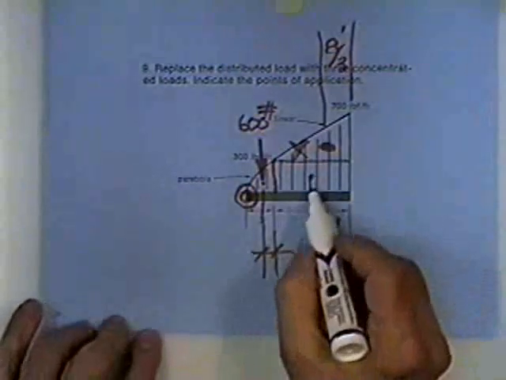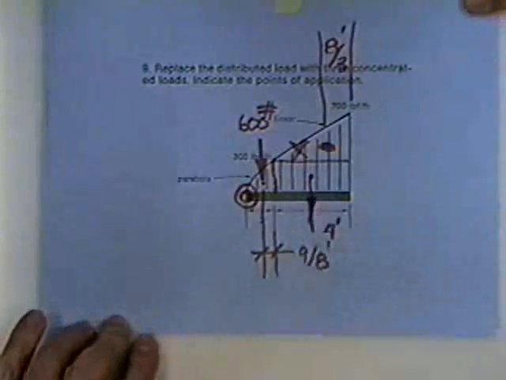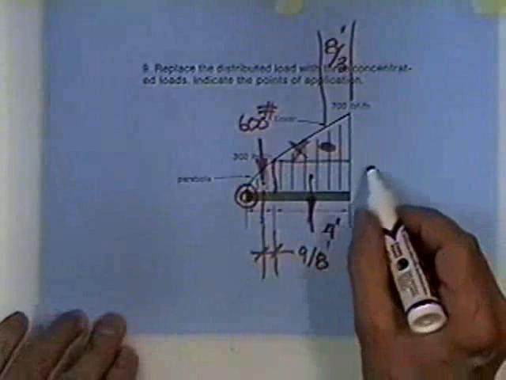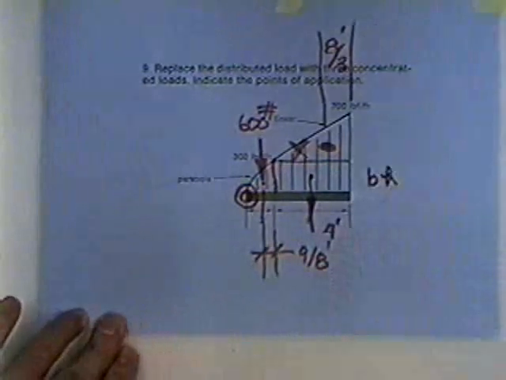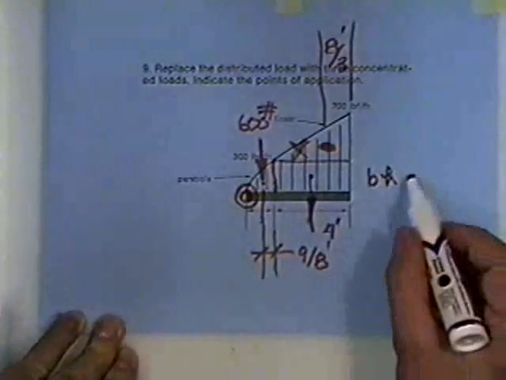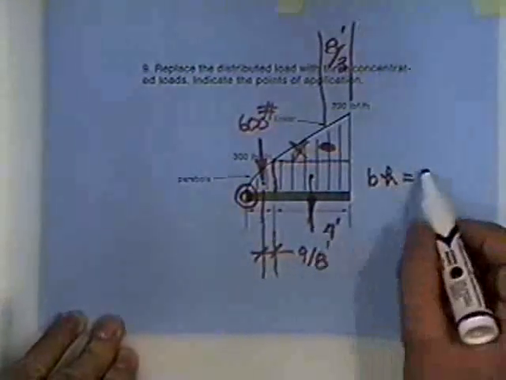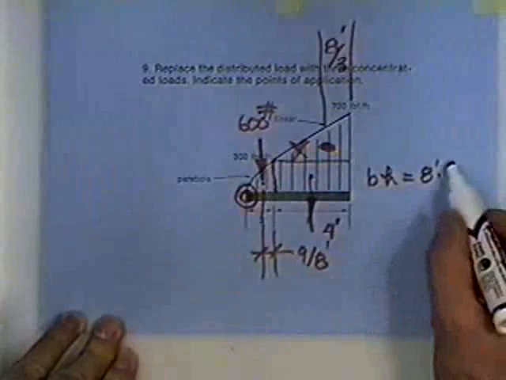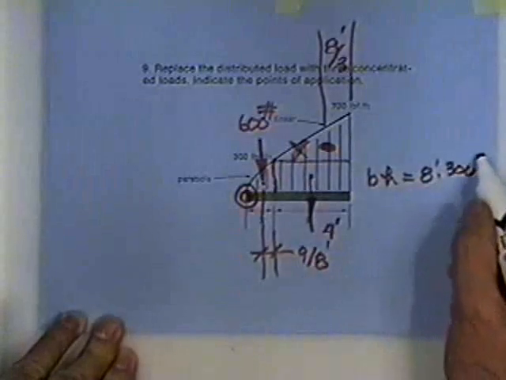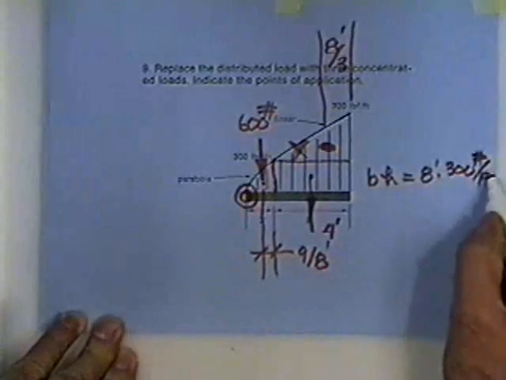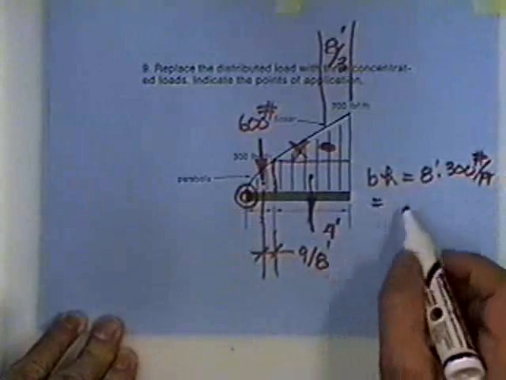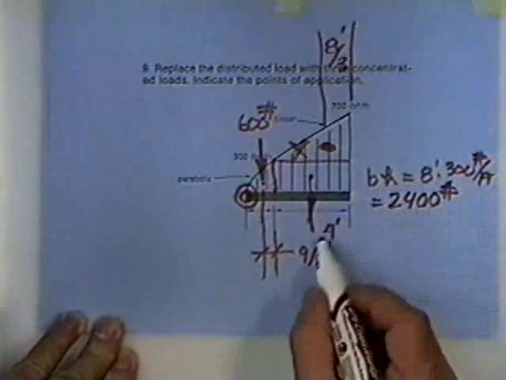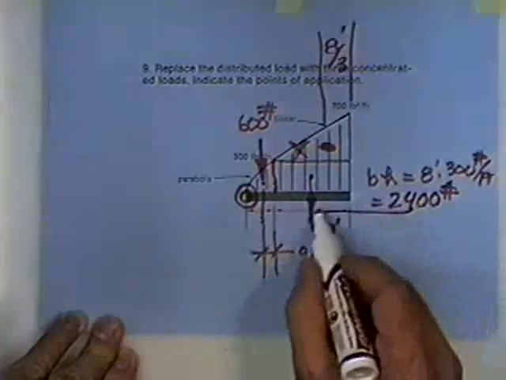The force under the rectangular part is simply base times height, area under a rectangle, which is equal to base is 8 feet, height is 300 pounds per foot, and that comes out 2,400 pounds of bananas. Put it right here.